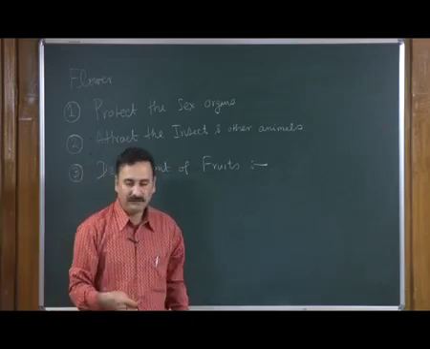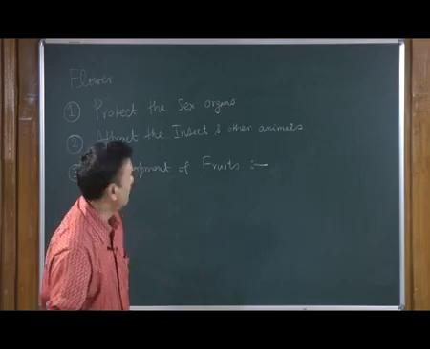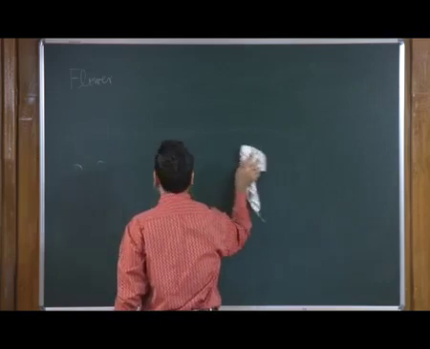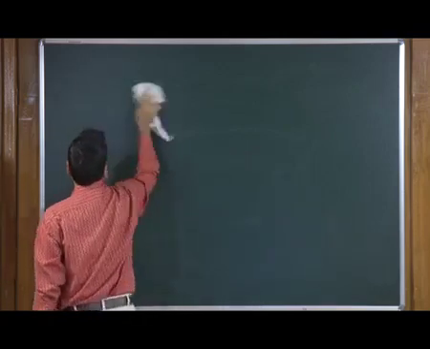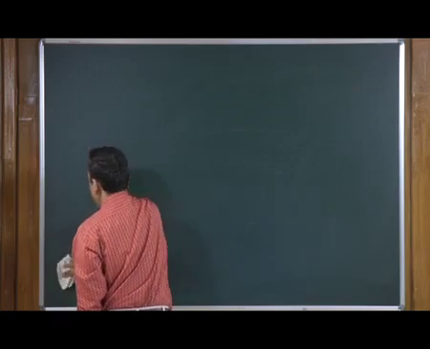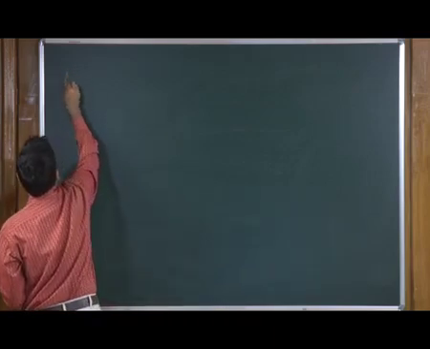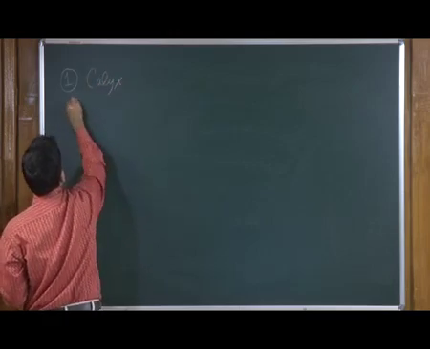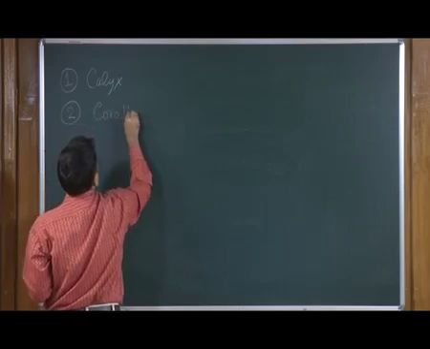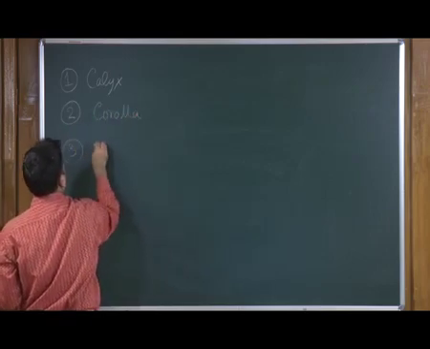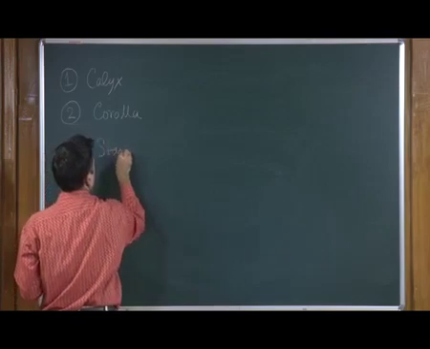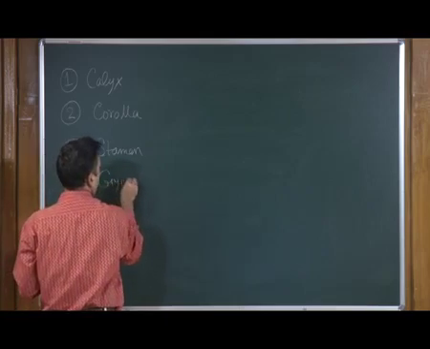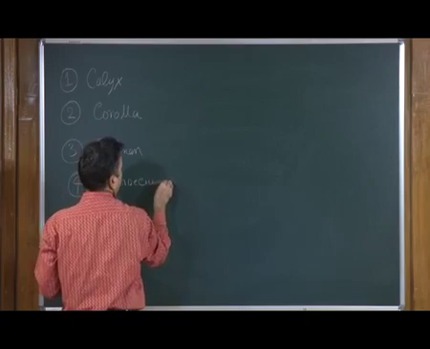Now, what are we going to discuss? We are going to discuss the different parts of the flowers, and in the coming lecture we are going to discuss the 4 major parts. One, we are going to talk about the calyx, we are going to talk about the corolla, we are going to talk about the stamen or the androecium, and we are also going to talk about the gynoecium or the female sex organ.